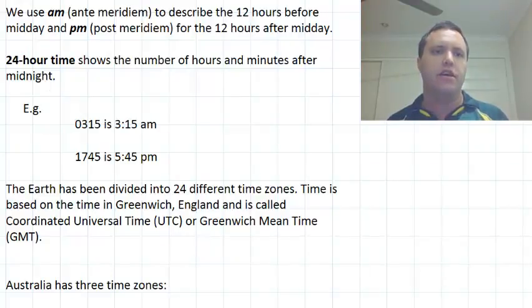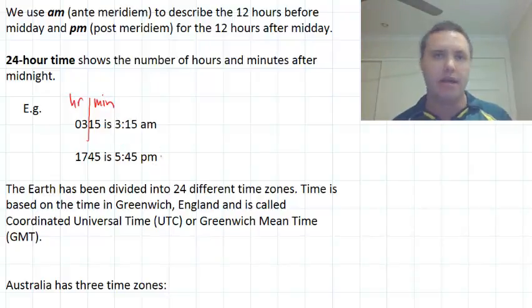So 03:15 is 3:15 a.m., because this part is the hours and this part is the minutes. And 17:45 is 5:45 p.m., because it would be 17 hours after midnight, which is 5 o'clock in the afternoon.